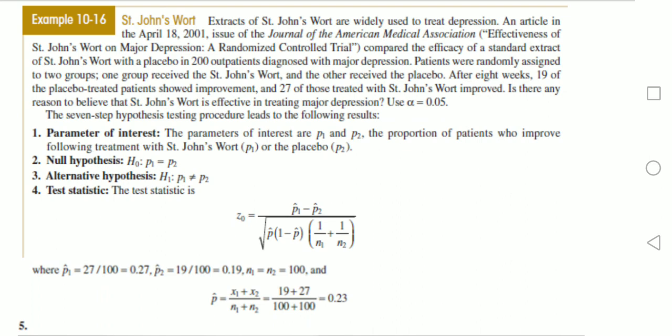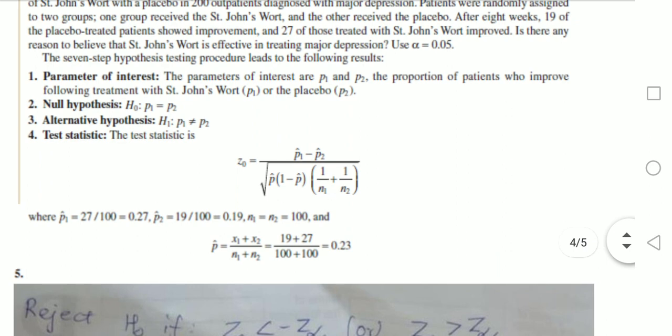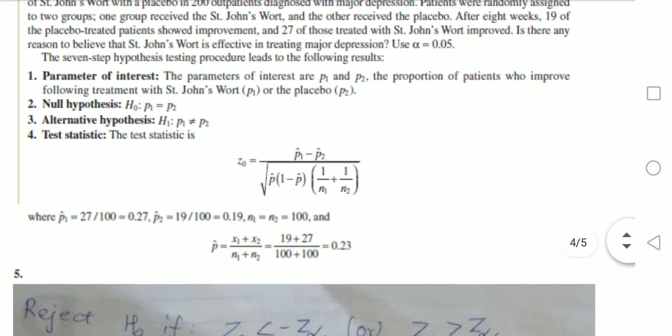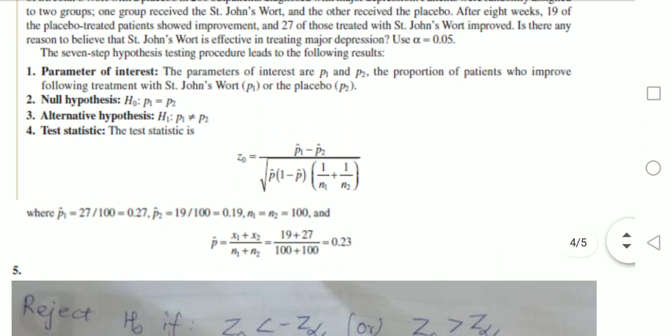So the alternative hypothesis is P1 not equal to P2, and the test statistic here is z naught equal to p1 cap minus p2 cap divided by root of p cap into 1 minus p cap into 1 by n1 plus 1 by n2. We are taking two groups with random sample sizes 100 and 100.